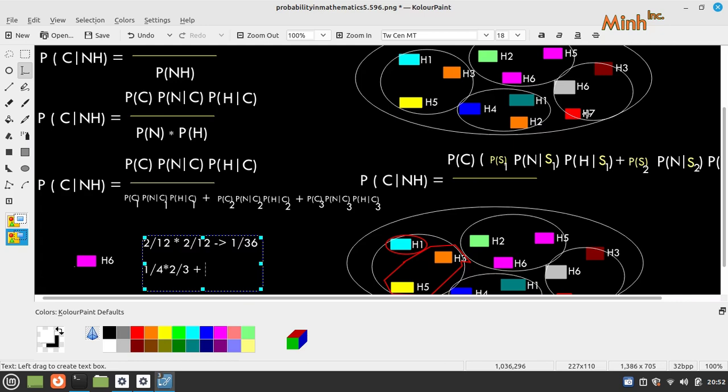Okay, now we'll see. So the probability of a particular class is 1 by 4, and then the probability of a purple is 2 by 3, and then the probability of h6 is 1 by 3.